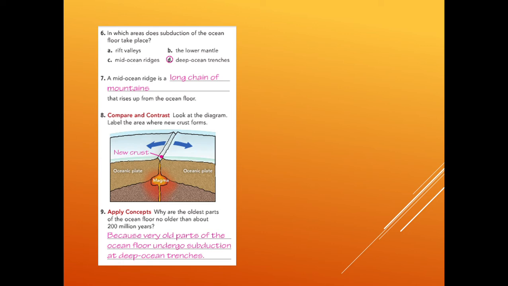Number 8, compare and contrast. Look at the diagram. Label the area where new crust forms. Okay, so you can notice that here we have a diagram that represents mid-ocean ridges. Basically, we can remember a little bit about the parts from here. Remember that I told you about magma coming right from the middle of the mid-ocean ridge.